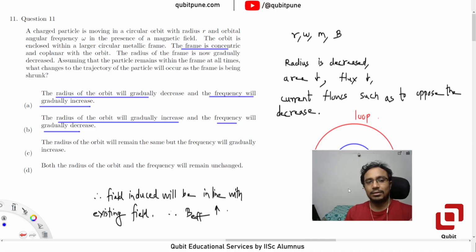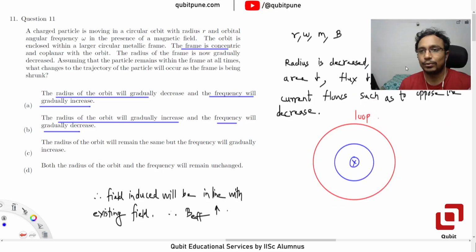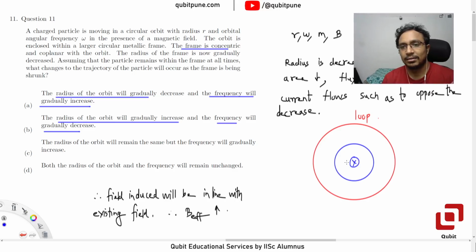Sir, the magnetic field due to the metallic frame will be mu naught I upon 2r at the center. But the particle is not moving at the center. Sir, but it will affect in the same way. So it is inversely proportional.